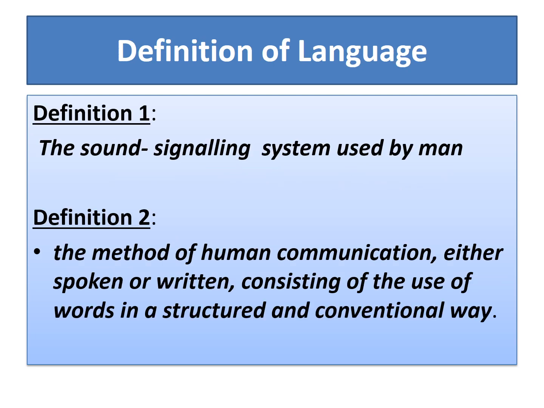Again, we have two other definitions of language. Number one, the sound signaling system used by man. That is, we make sounds through the system that is innately present in us, and then these sounds are symbolic of certain meanings.